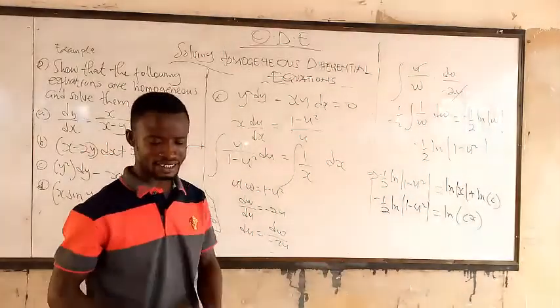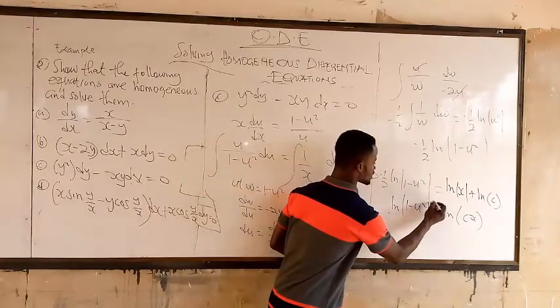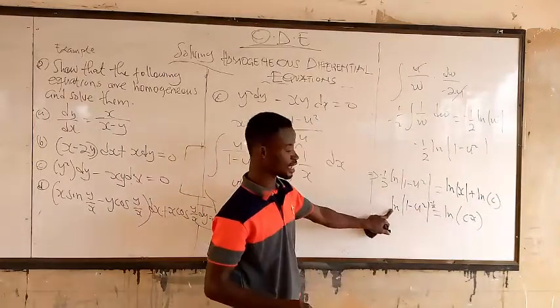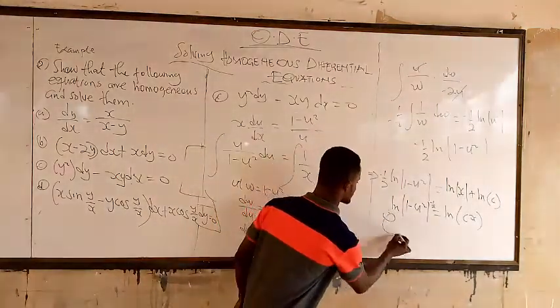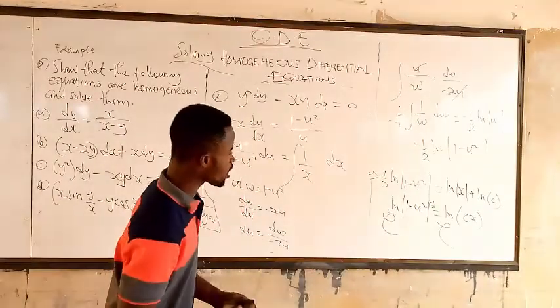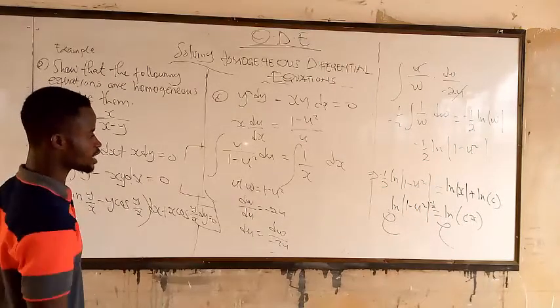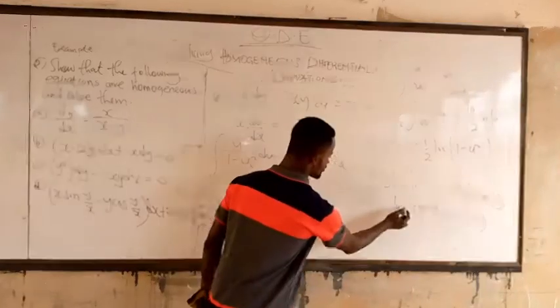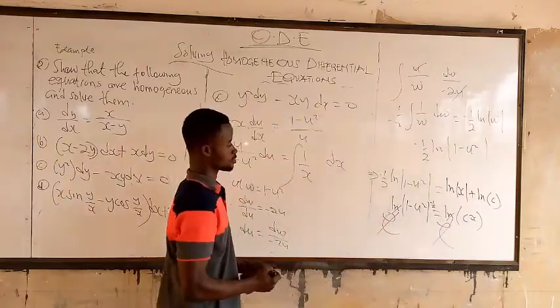Alright. But here it's good to raise this to a power of negative half, so that we can take the natural log of both sides. So we get e to the natural log of both sides. And now we know this will clear up this. This will clear up this.